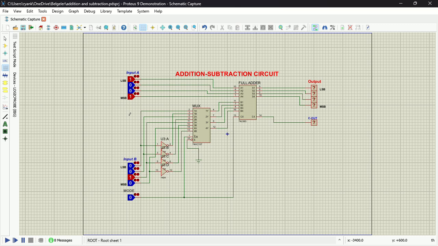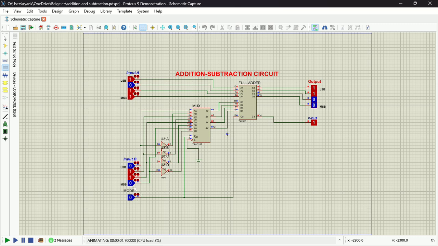This is going to be 13, like what we previously had. The other input is going to be 0, 1, 1, 0, which is 6. So 13 plus 6 should give me what? 19, right? So let's run it.